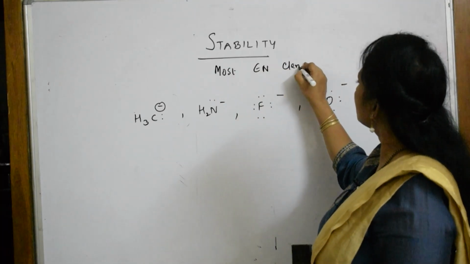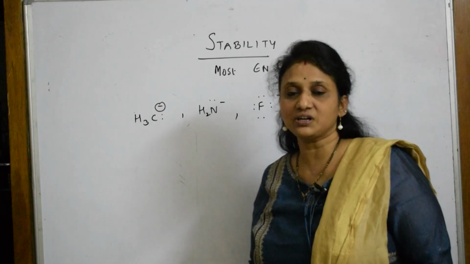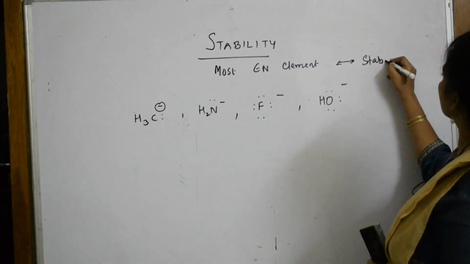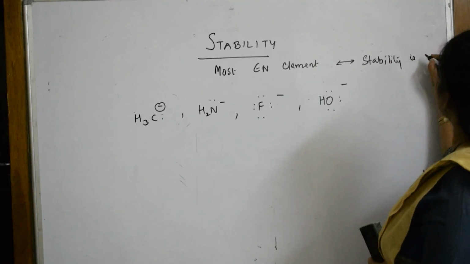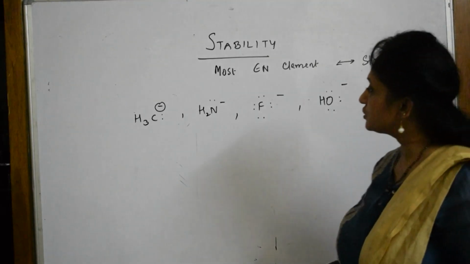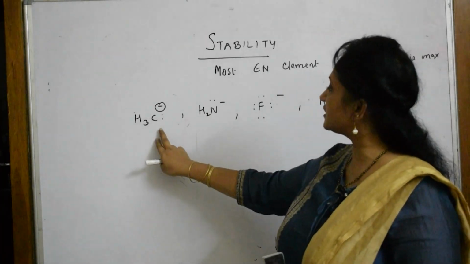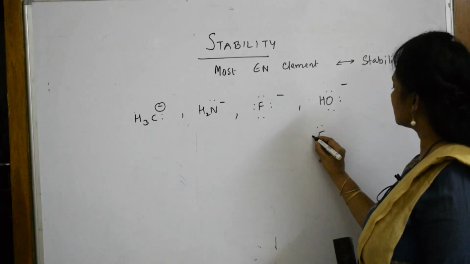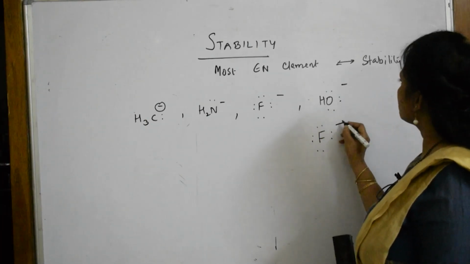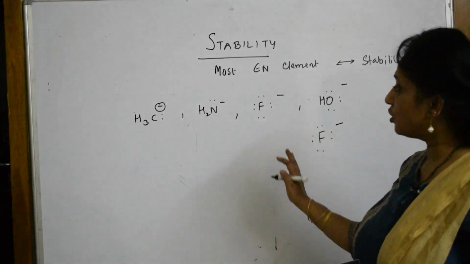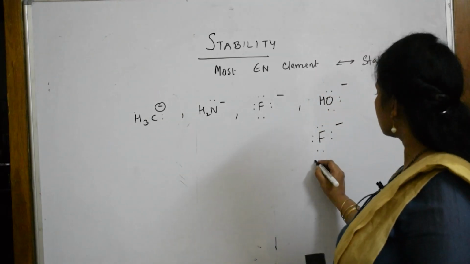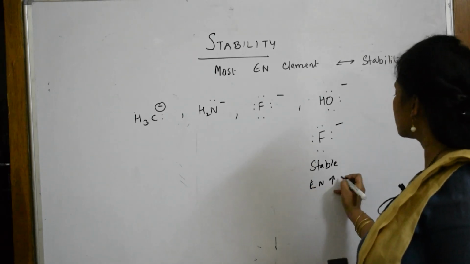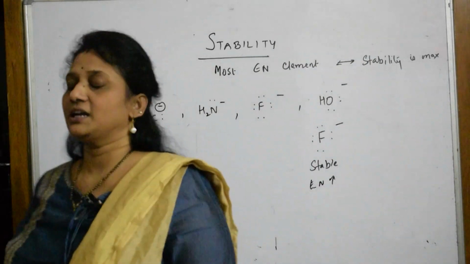If the electronegativity value is maximum, the stability will also be maximum. So among all these, which has maximum electronegativity? Fluorine. So fluorine is the most stable according to this concept, since its electronegativity is high, 4. Done.